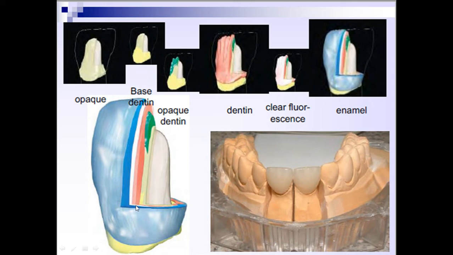Before baking, this is how it is going to look. A restoration when we are forming it, this is how it is going to look before baking. But once we put it in the furnace and heat this slurry to certain temperatures according to the manufacturer's instructions, the end product will be like this what you are seeing here.